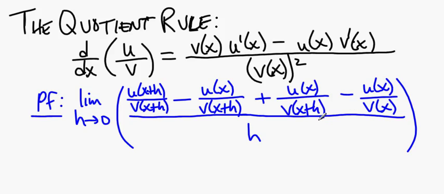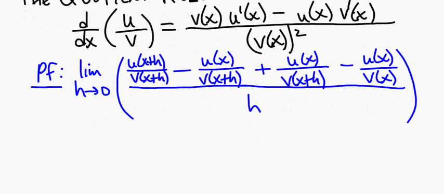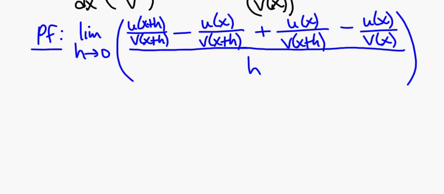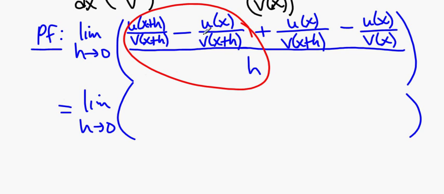And you're saying, what? Why would I do that? And then you sort of see what's happening here. You know that we're going to end up with two fractions. Let's look at what's over here first. It appears that the over v of x plus h is a common factor.